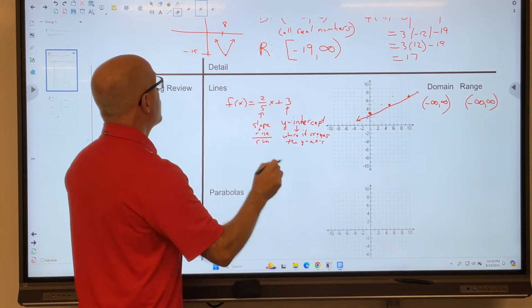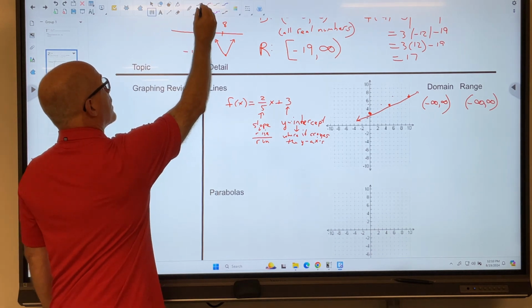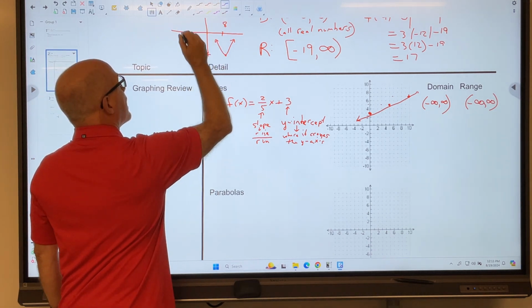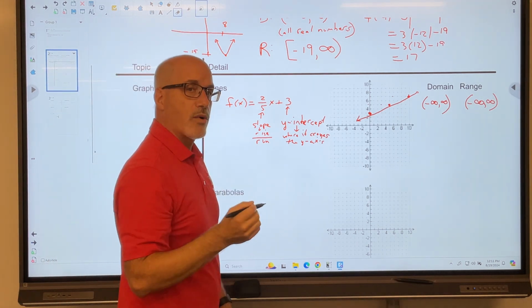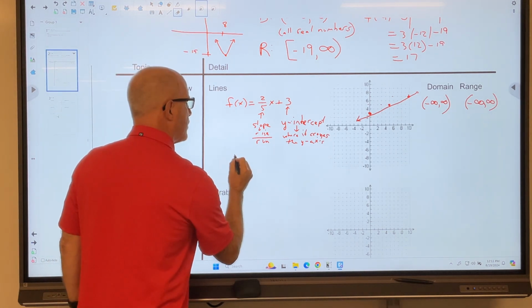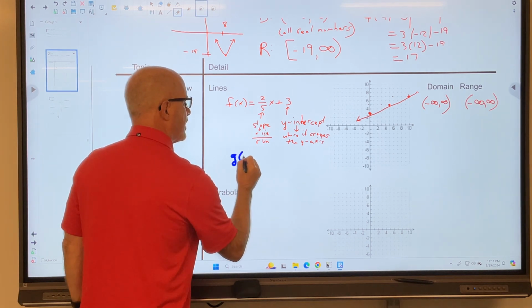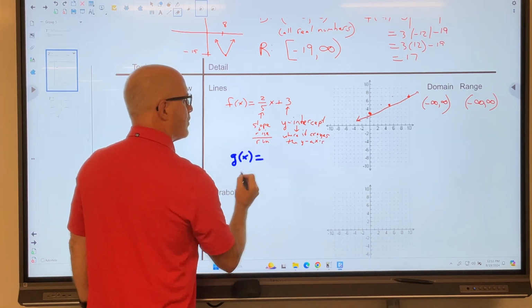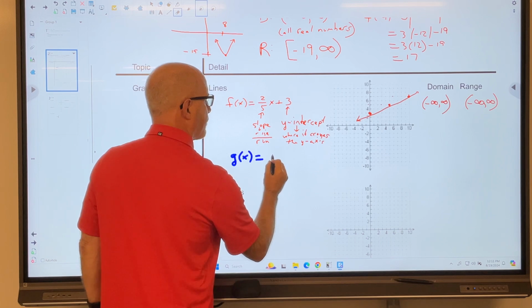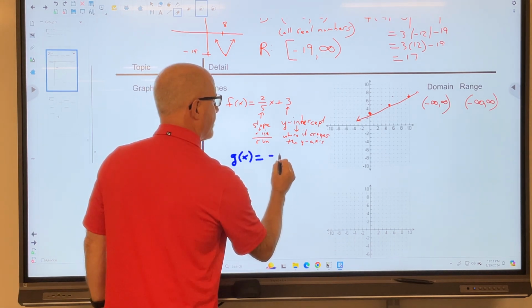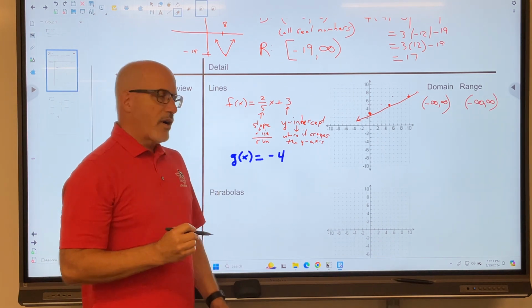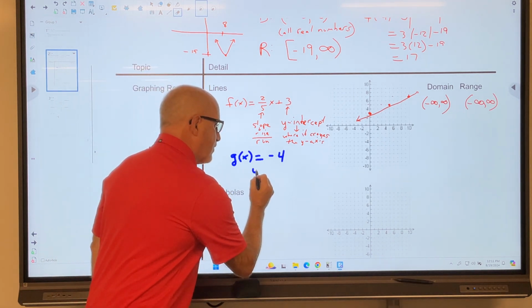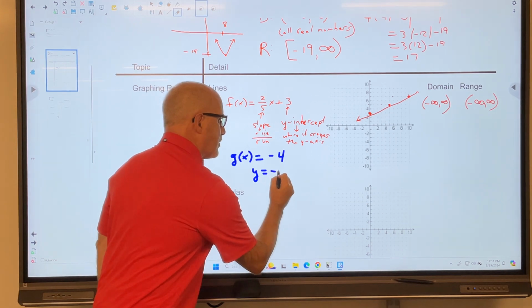Now I do want to do one more graph for us, and I want to make sure that we remember our horizontal lines. If I want to do a different function, say g of x equal to negative 4, otherwise known, you've sometimes seen as just y equals negative 4.